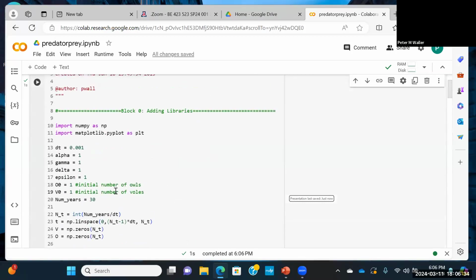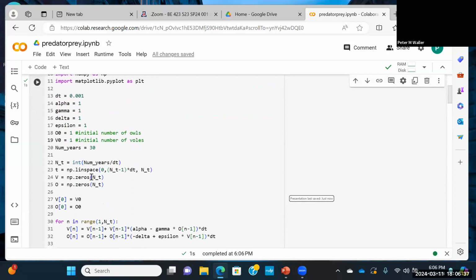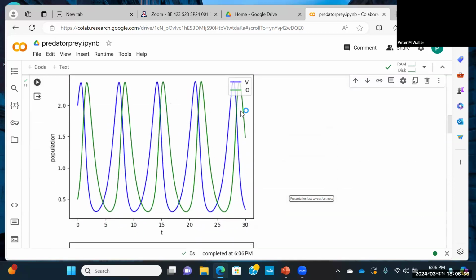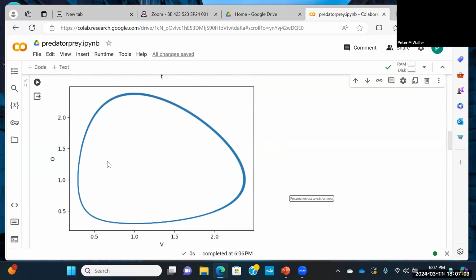Okay, then let's change initial voles to 2 and owls to 0.5. Okay, and so we can see that our fluctuations are stable, and here you can see that there's no expansion of the owls versus voles changes.